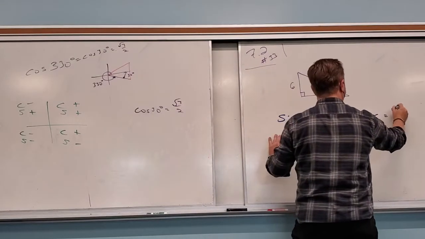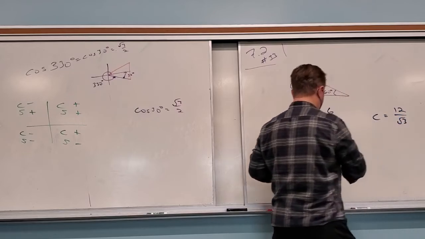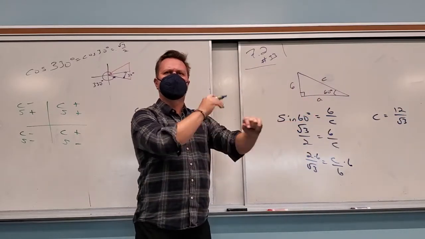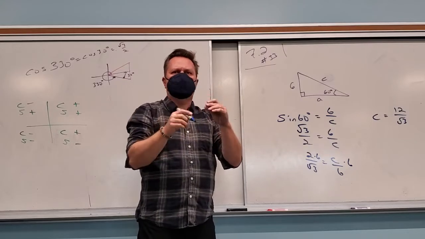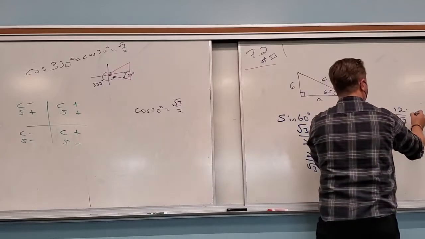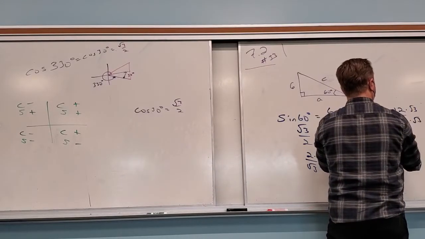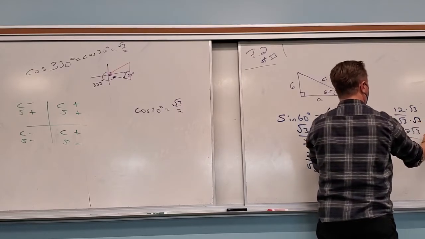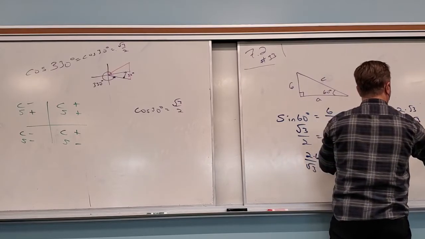So you get c equals 12 over rad 3, right? And of course, one little thing's wrong with it. It's the right answer. You just have to rationalize. So you have 12 rad 3 over 3, which is 4 rad 3.